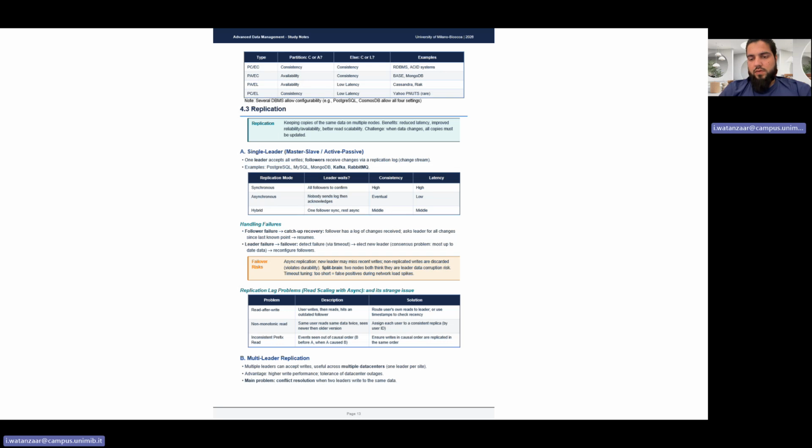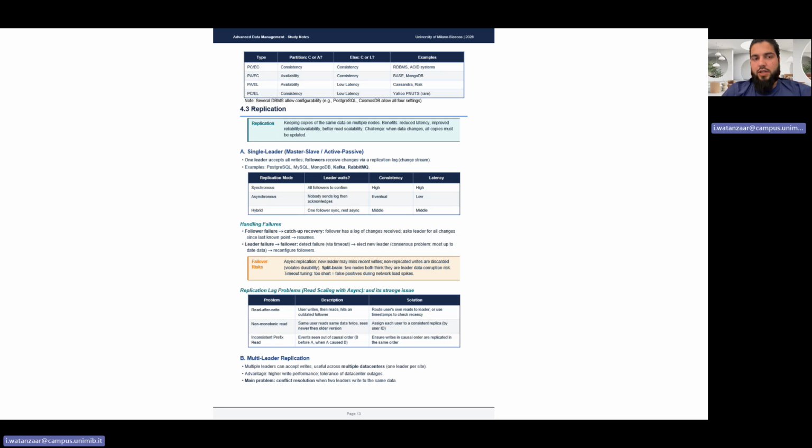In the replication case, we are mostly focusing on reducing latency and improving efficiency and reliability, or we can say reliability or availability. Better read scalability: we are also working on scalability here, but only read scalability, meaning read-heavy scalability.